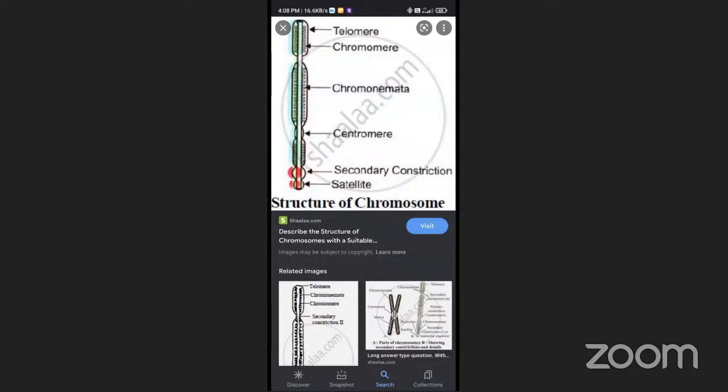Simple, here, first chromonemata. Chromomeres have a bead-like appearance like this.